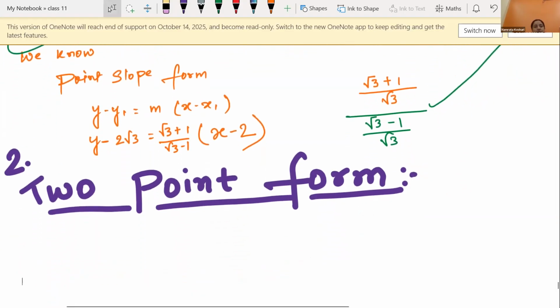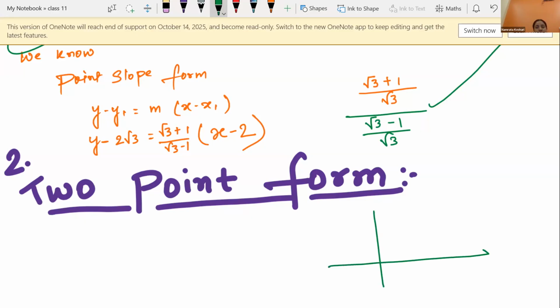Done. Now the next formula is called the two-point form. I am giving you another formula to create the equation of a line again. A line equation you will be finding when two points are given.